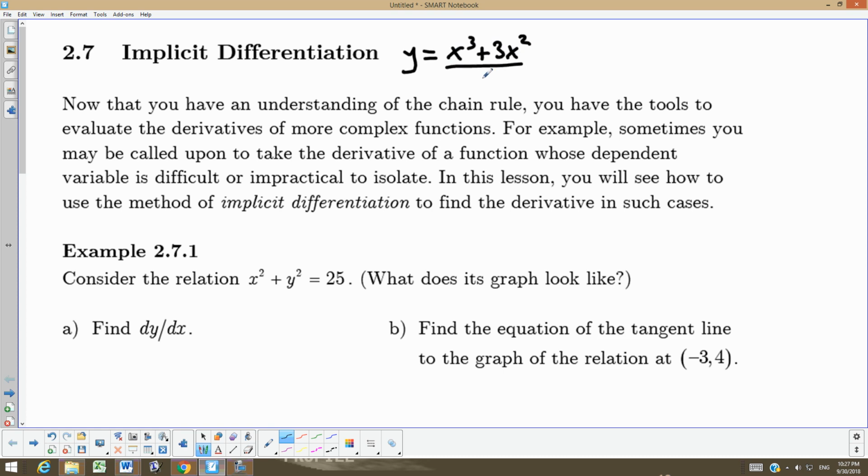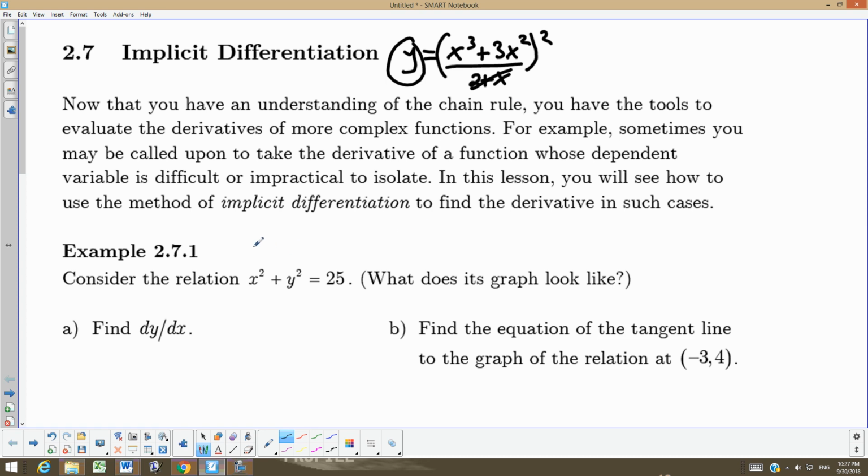We can have a denominator there, in which case we would use the quotient rule, or we could make this a composition function. But the point is, whether there is a denominator there or not, y is isolated, and so all we have to do is focus on taking the derivative of the right-hand side.